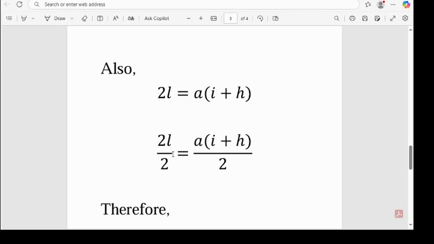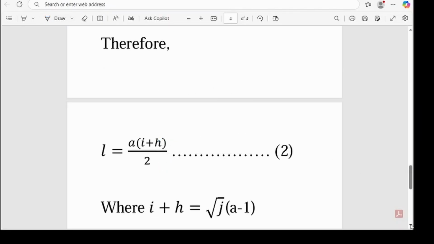So when you divide through, this 2 will cancel itself, and it will cancel this 2 on top, and we are going to have l equals the fraction a multiplying (i + h) divided by 2.